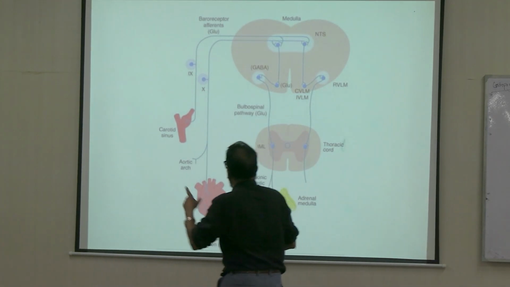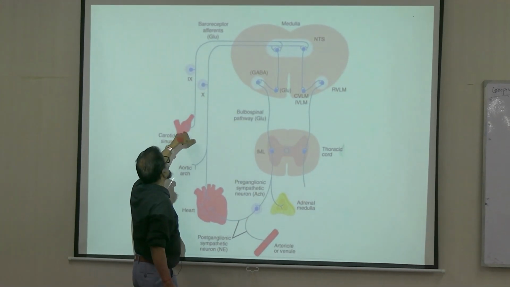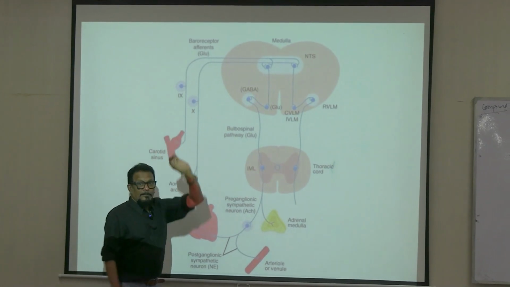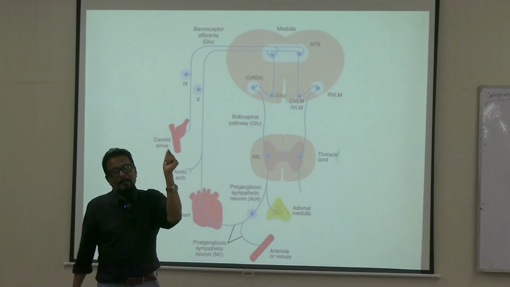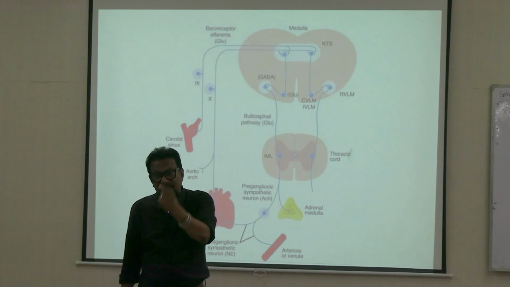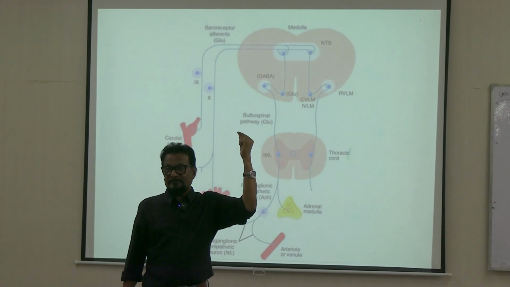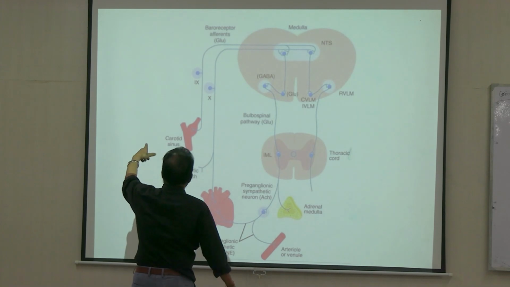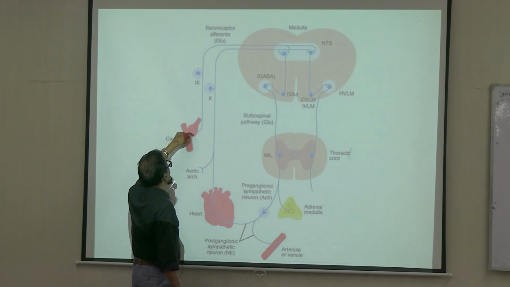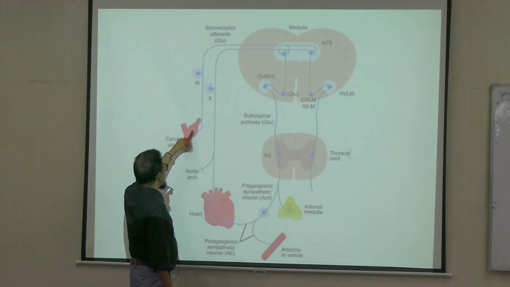So how will it send the impulse? Through the ninth cranial nerve. The cranial nerves are afferent as well as efferent; they are not always efferent, they also carry sensory impulses. So the ninth cranial nerve will carry impulses from these baroreceptors.